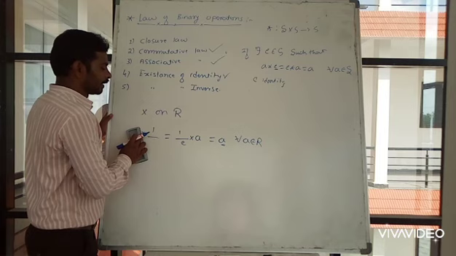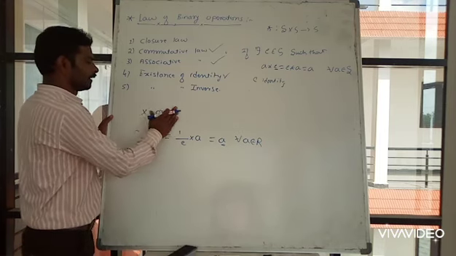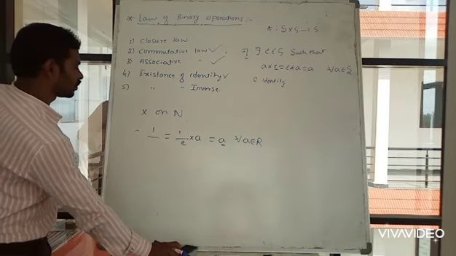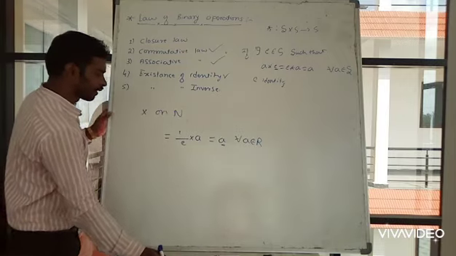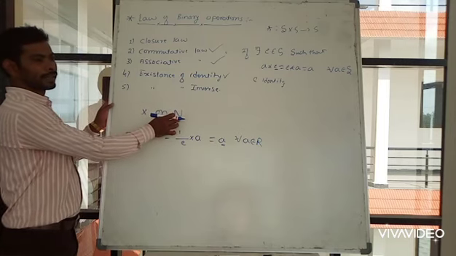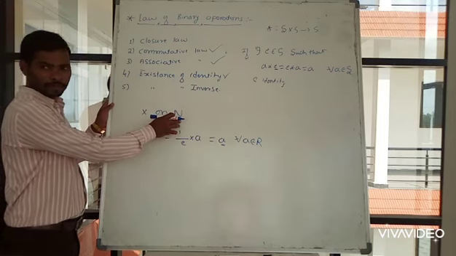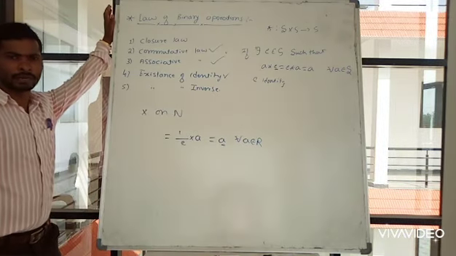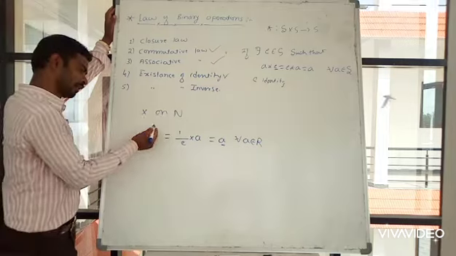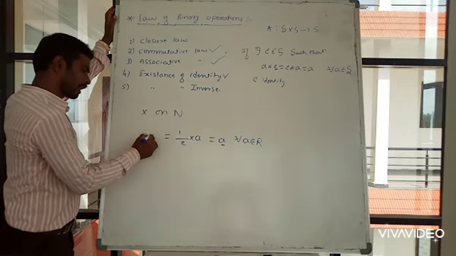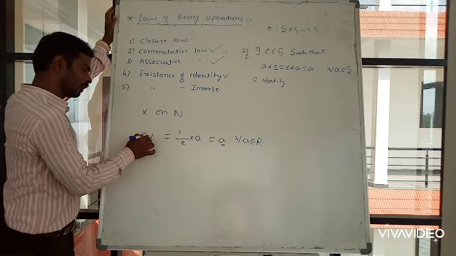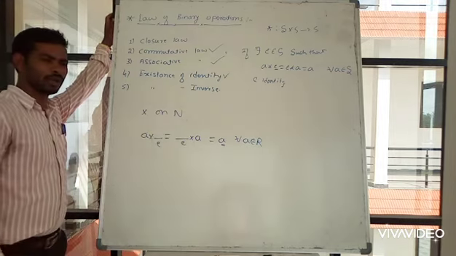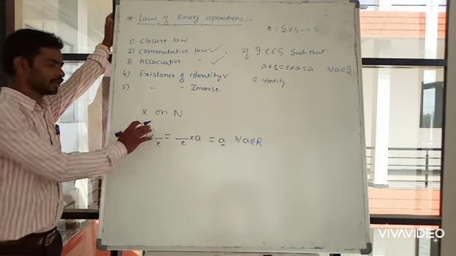Similarly, if you consider multiplication on the set of all natural numbers, what is the multiplicative identity present? If it is present, what is it? If it is not present, then we say there is no multiplicative identity on this set. a star e equals e star a equals a. Search here in the set of all natural numbers.